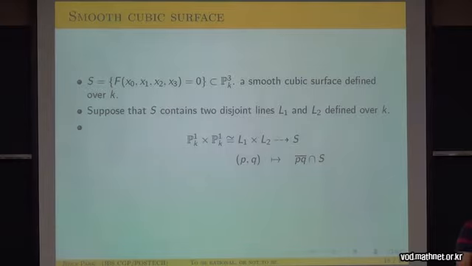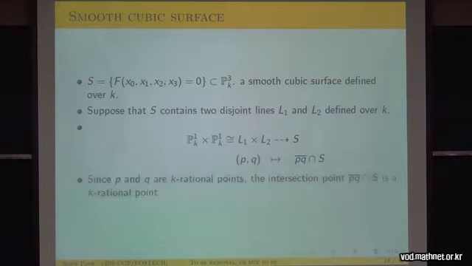One solution is defined over Q, the other solution is defined over Q, then the last solution must be defined over Q, right? Same reason. So this is the rational map.